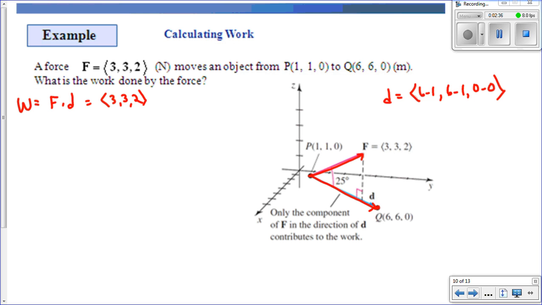Just find the position vector from P to Q. So now we just need the dot product of the force with this displacement vector to be 15 plus 15 plus 0.